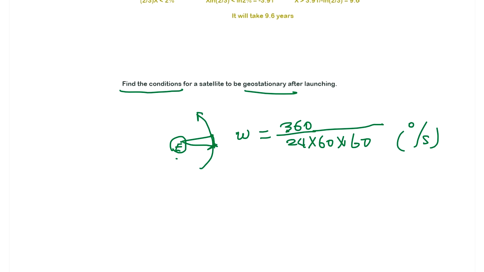This satellite is going the same speed. In order to stay in orbit, the satellite has to have a balance between the gravity and acceleration. Acceleration is r omega squared. Well, you have to go back to physics to get this formula. You can say v squared over r, right? That's acceleration.